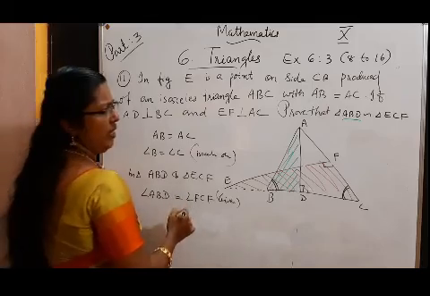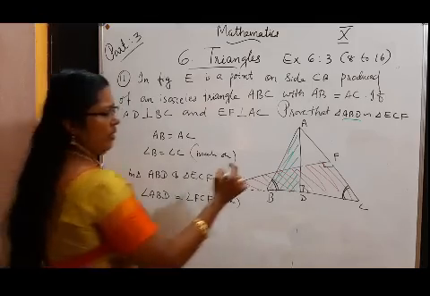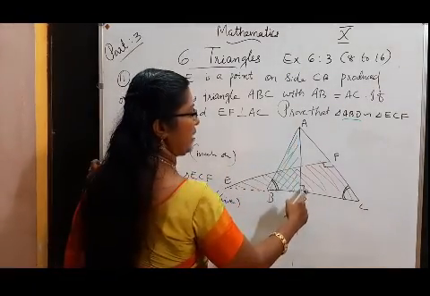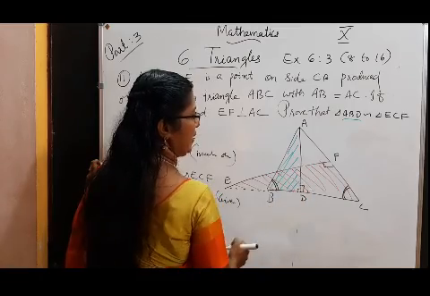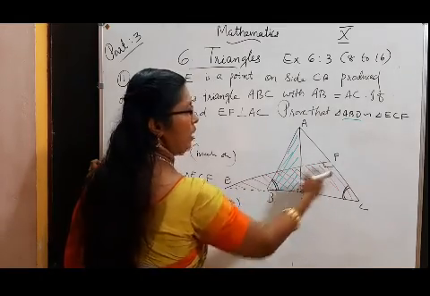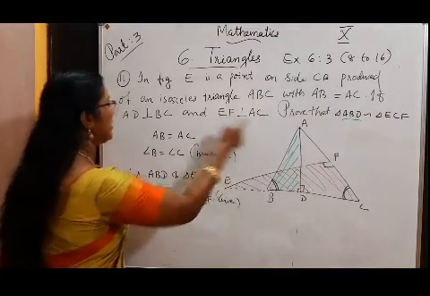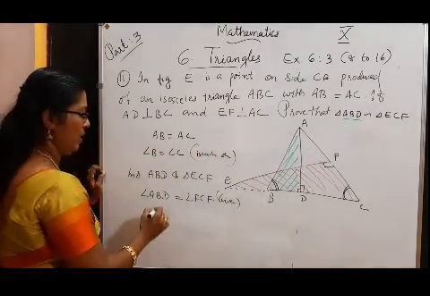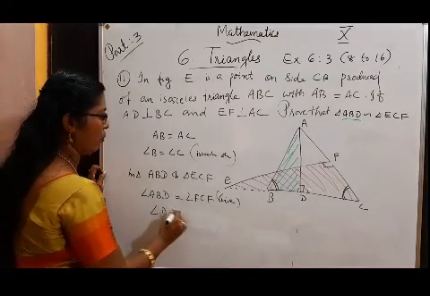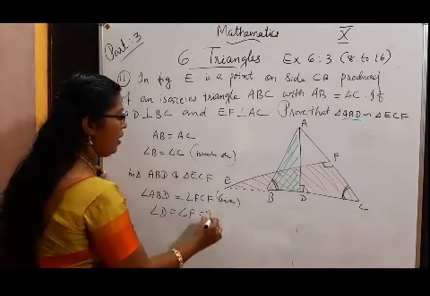Then angle D is 90 degrees, and what about F? F is also 90 degrees. That is also given, because EF is perpendicular to AC and AD is perpendicular to BC. So we can write angle D equals angle F equals 90 degrees.